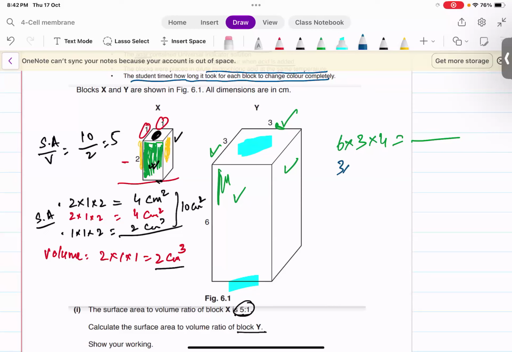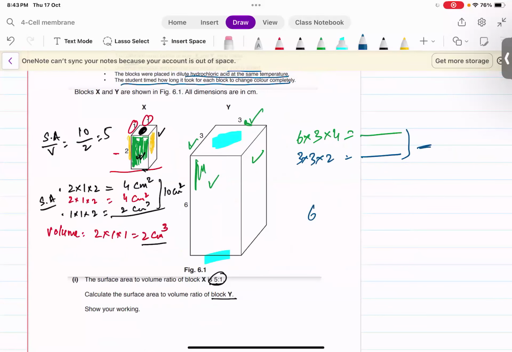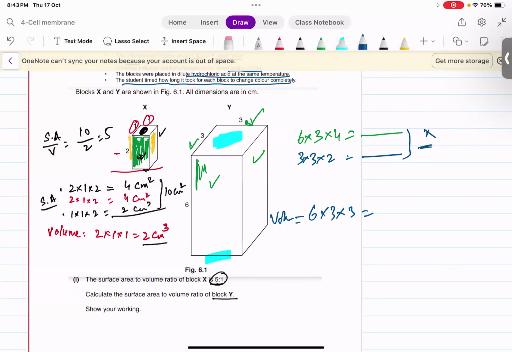That would be 3 into 3 into 2, and that would give us some value. We will add them up together, and that would give us the surface area of this larger agar block. And volume would be 6 into 3 into 3. So this would give us the volume. Take the surface area value from here and the volume from here, and we can calculate the surface area to volume ratio by dividing the surface area by the volume, and that would give us some ratio here. So you will see, if you make the calculation, this value will be less than 5.